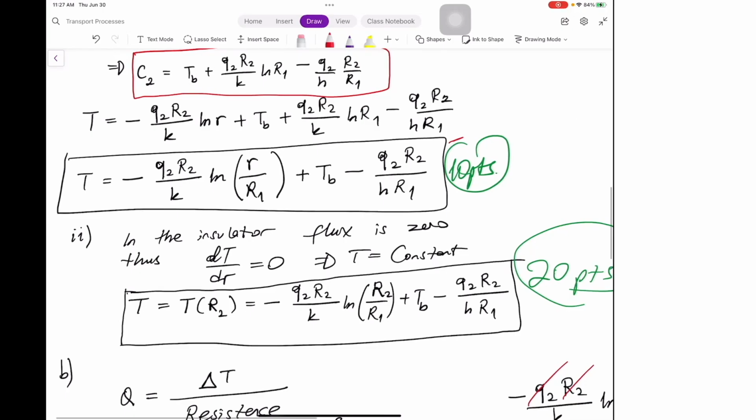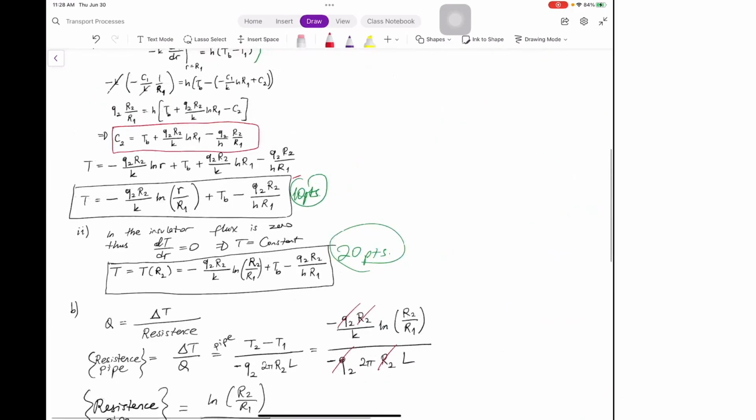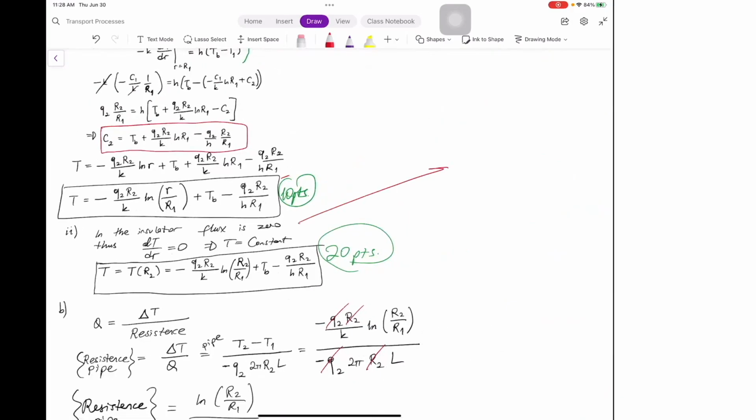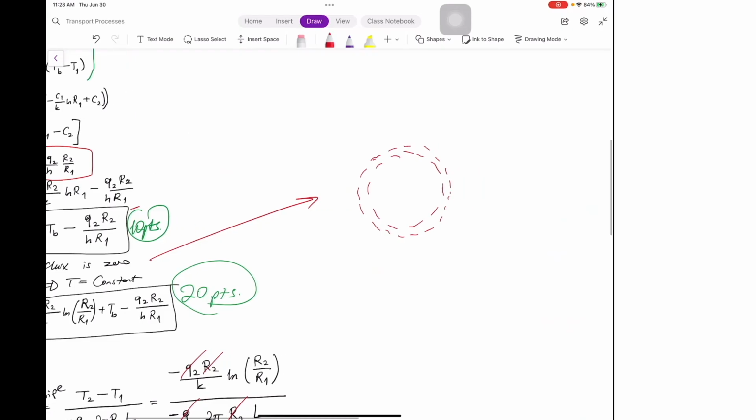Okay. In part 2, within the insulator, the flux is 0. The reason is as follows. You can do the following if you like. You do the shell balance, right? Not required since you have already done a similar shell balance above, right? But you should know what kind of equation you should get out of this.